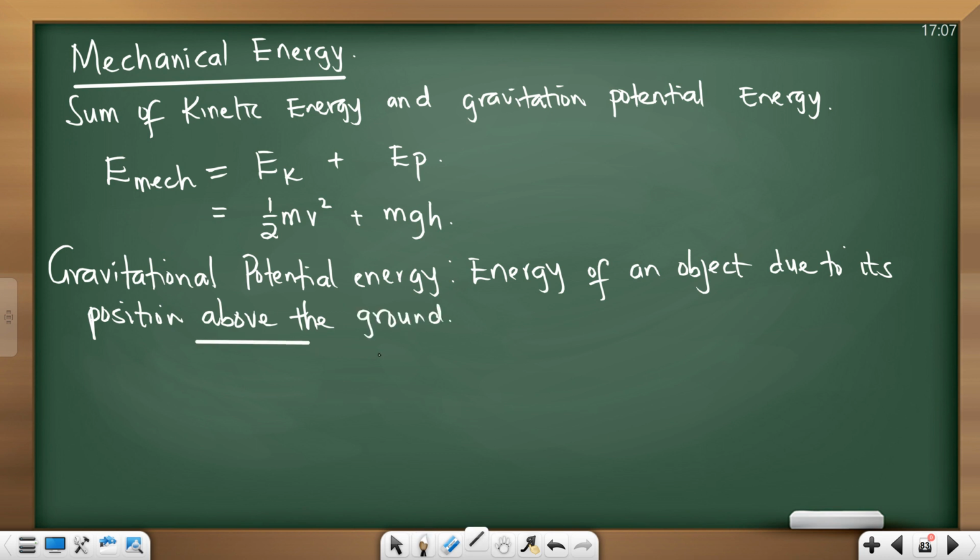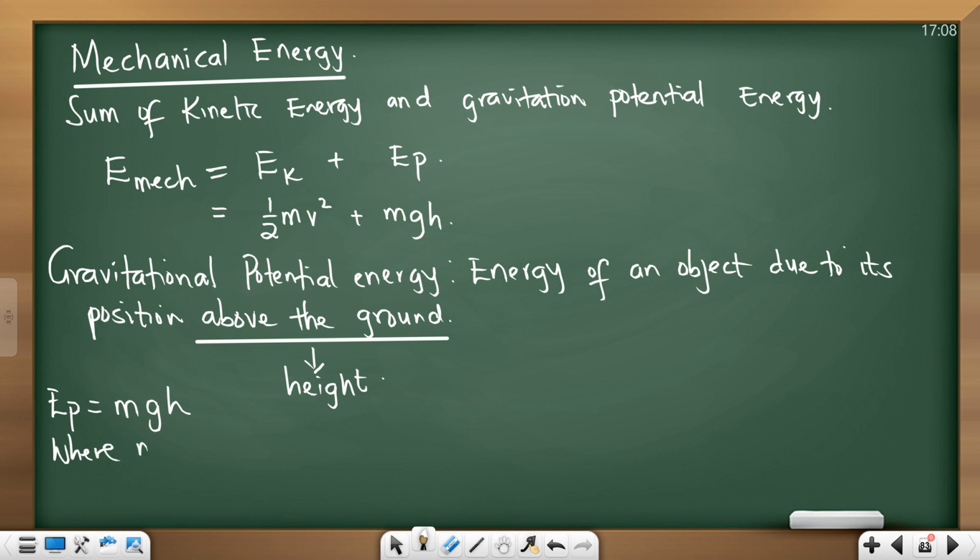The fact that I am mentioning above the ground means I am therefore talking about height. And you would see your two formulas there. Ek equals half mv squared. Ep equals mgh.